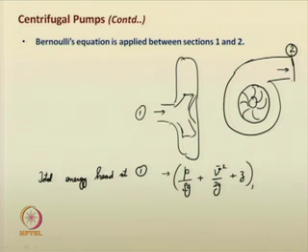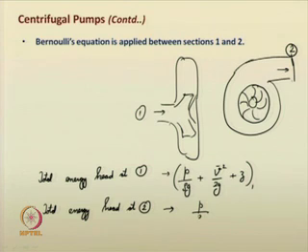Similarly, the total energy head at section 2 can be given as P by rho g plus the velocity head plus datum head at section 2.